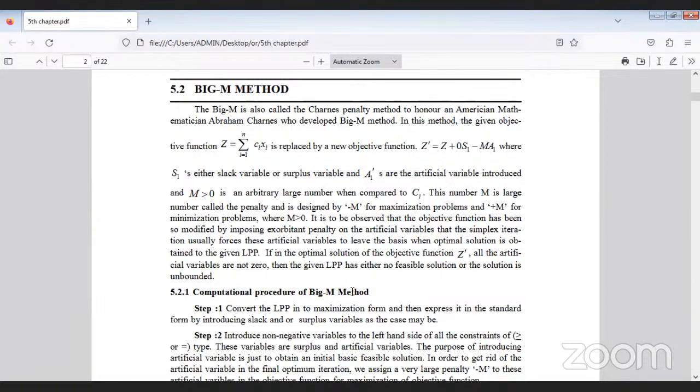This number M is called the penalty, denoted by minus M for a maximization problem and plus M for a minimization problem.